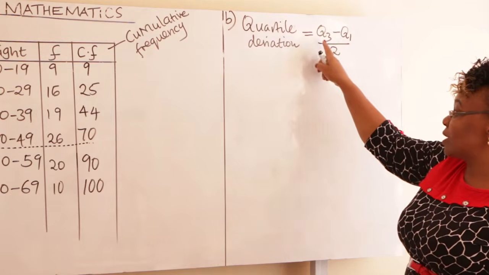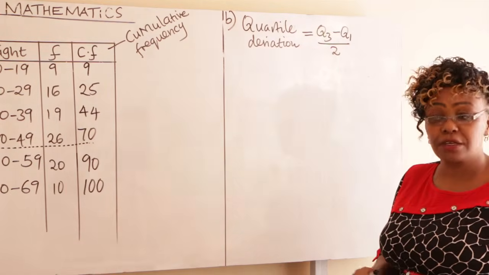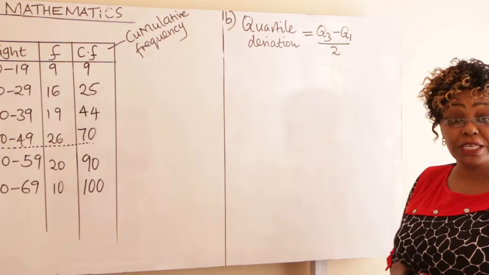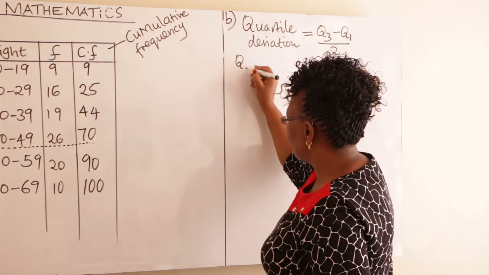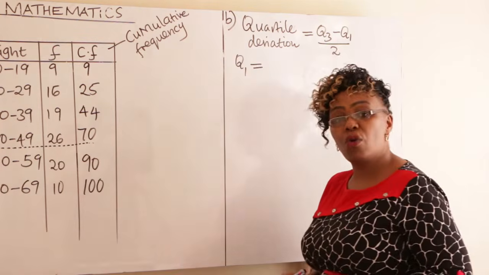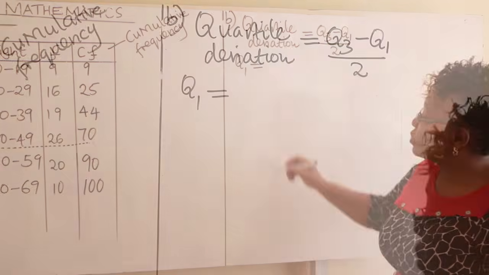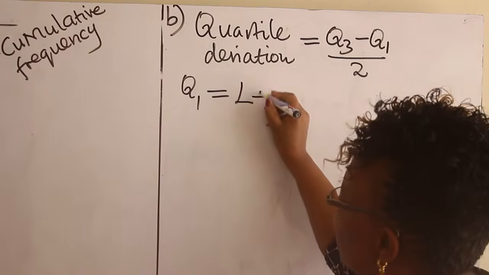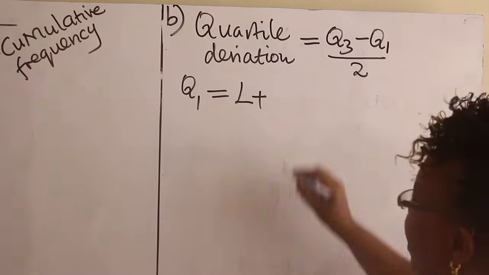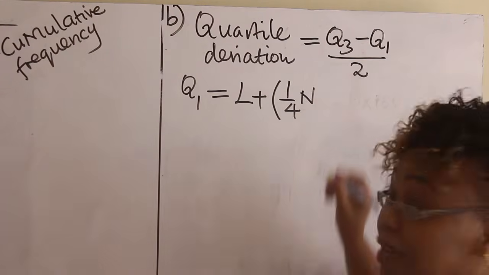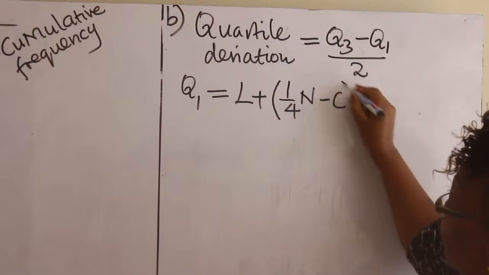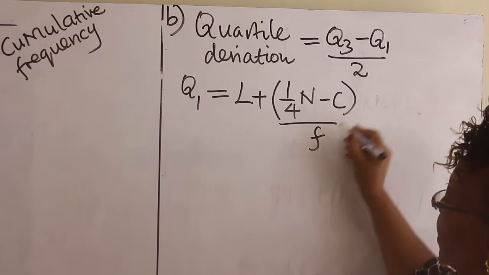And therefore, we need to calculate Q3 and Q1 so that we work out our quartile deviation. So let us work out Q1, our lower quartile. Remember, we said it is got by the formula L plus a quarter of N, minus C, divided by F, times I.